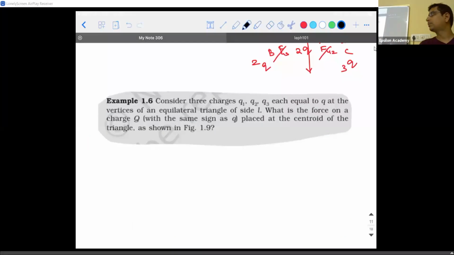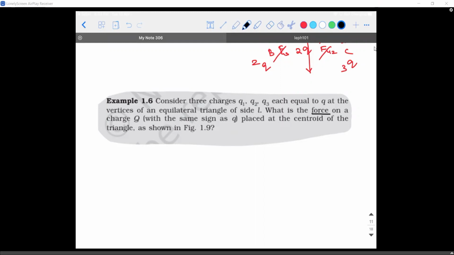What is the answer? You can directly tell me. So read the question carefully. There are three charges and all three are point charges. Where are they placed? They are placed at the vertices of an equilateral triangle of side L, right? Now they are asking what will be the force experienced by the fourth charge capital Q which is placed at the centroid. What will be the answer?